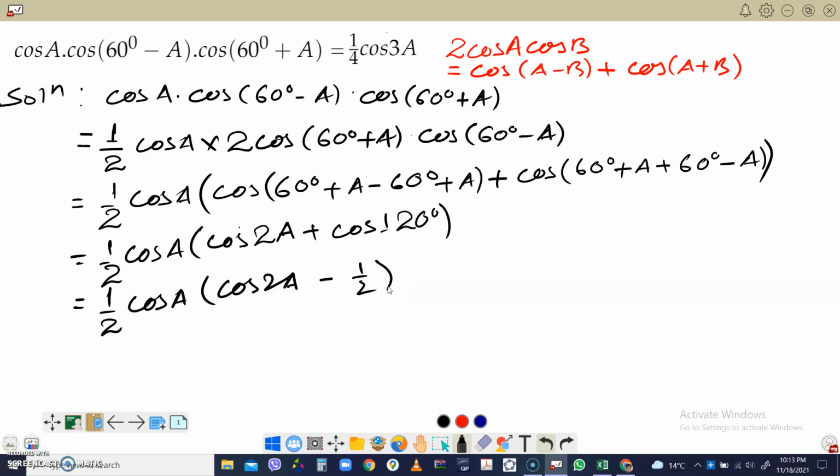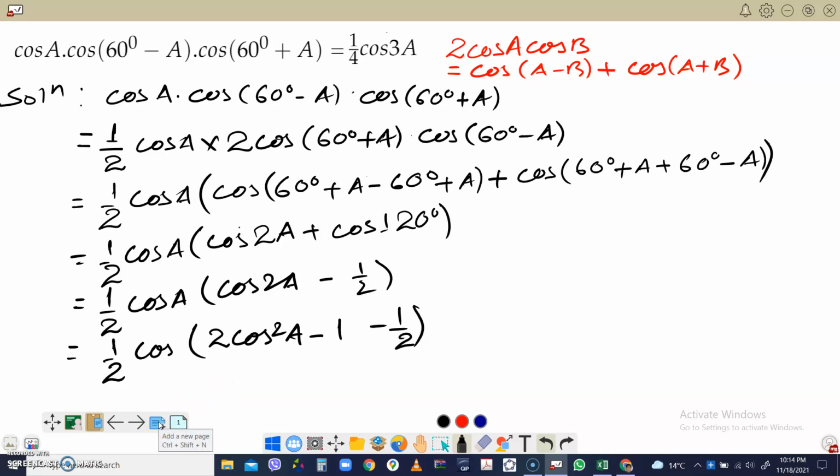Now we can write it as half. Let's change that cos 2A by using the double angle formula: 2 cos square A minus 1, minus 1 by 2. Now we have to simplify the terms inside the bracket first.